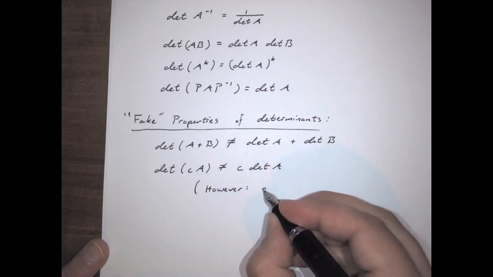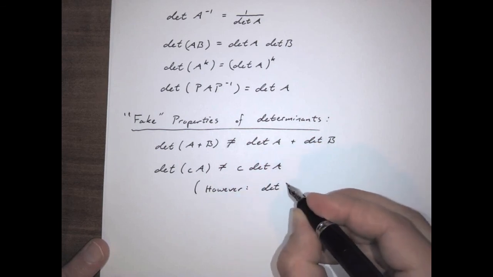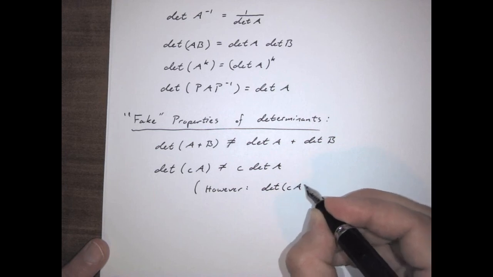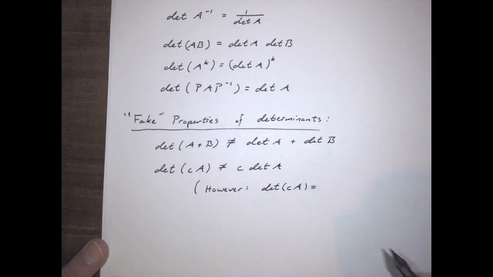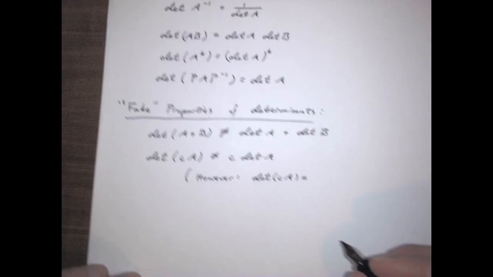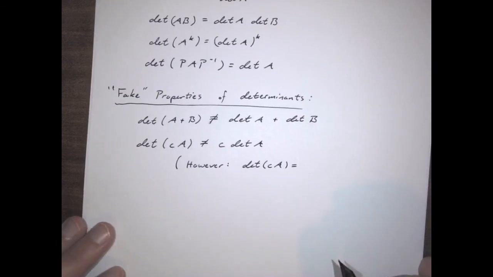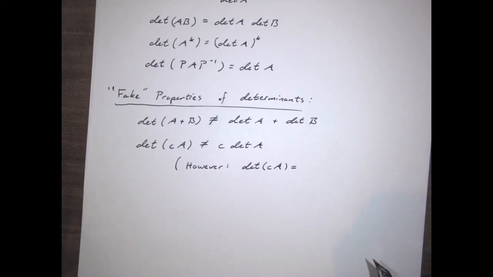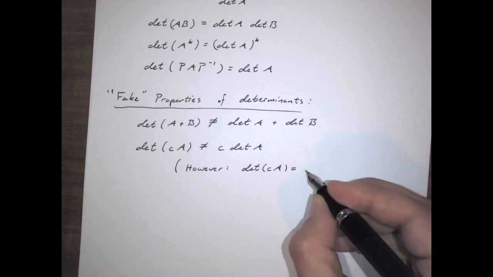However, the determinant of a scalar multiple of the matrix is something that we can actually figure out. So if we have a scalar multiple of an entire matrix, that's as though each row were being multiplied by that scalar. And if each row is multiplied by that scalar, then according to the properties of row operations, that means it would be times C for the first row, times C for the second row, times C for the third row, and so on for the number of rows.